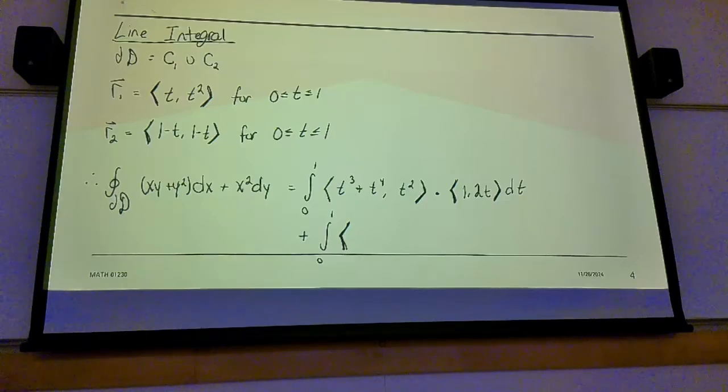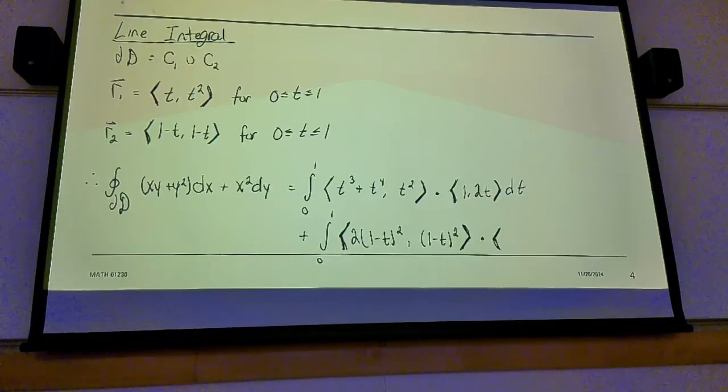Oh, it's 1 minus t. What's r prime? There you go.